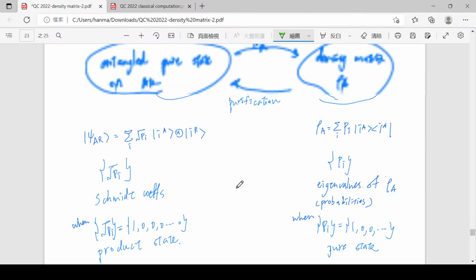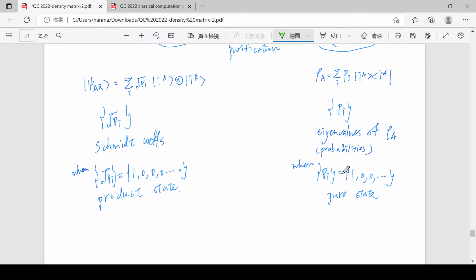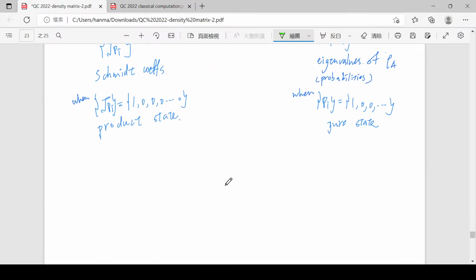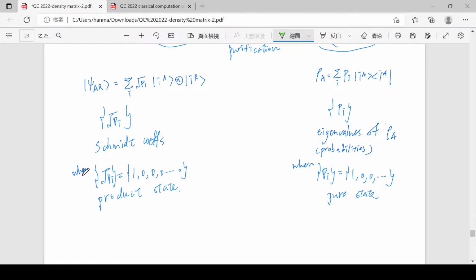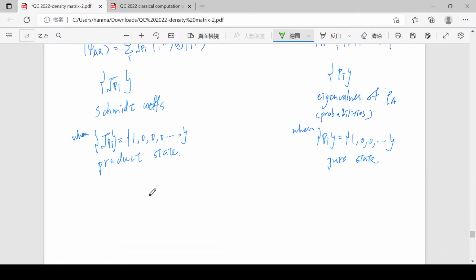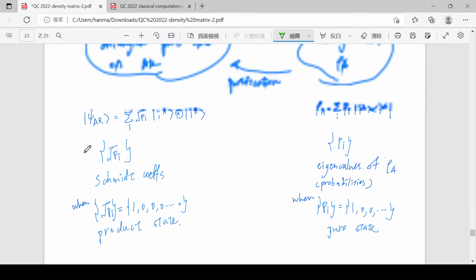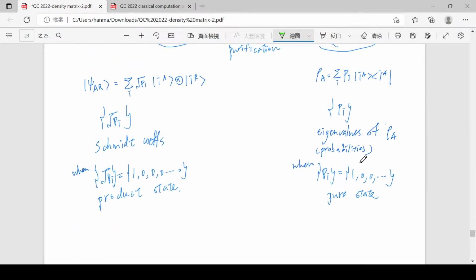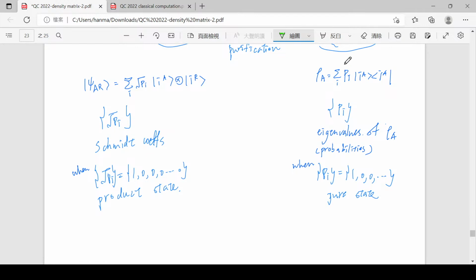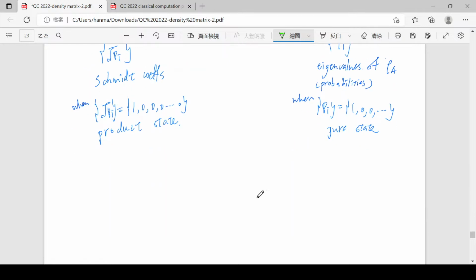And finally, we see this correspondence between being entangled here and being a mixed state there. When your pure state on AB has Schmidt coefficients 1, 0, 0, 0, then the state here is a product state, and that corresponds to your density matrix having those pi also being 1, 0, 0, 0, so it's a pure state.